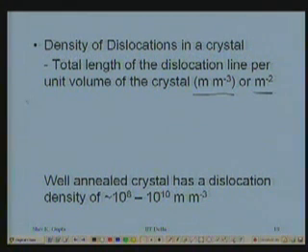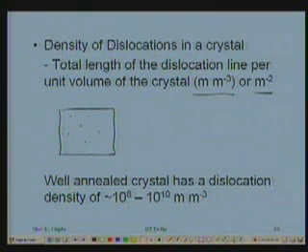Meter per cubic meter gives the total length of the dislocation line per unit volume of the crystal. As we measure per square meter, usually crystals are opaque, so we take a surface of the crystal, prepare the surface properly, polish it and etch it, and find out the number of dislocations intersecting the surface. This number per unit area of the surface we have chosen is what it is.